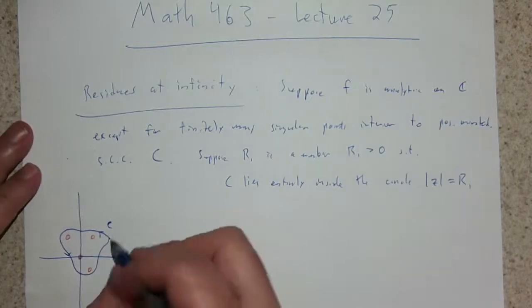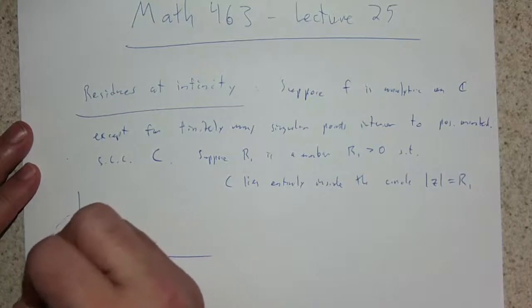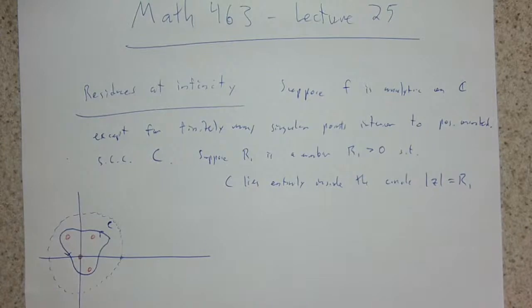So what would this look like? Maybe r sub 1 is big enough so that this is the case. All right, so my contour C lies entirely inside this circle that I've indicated here.